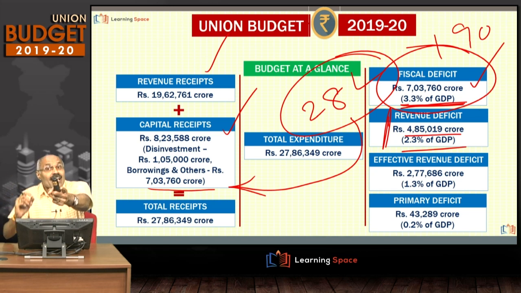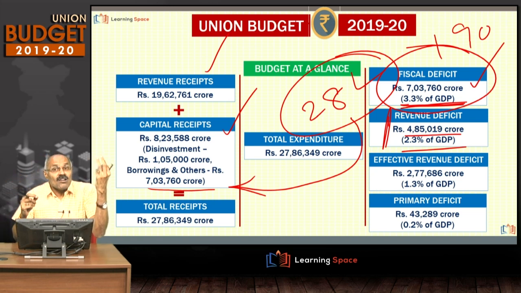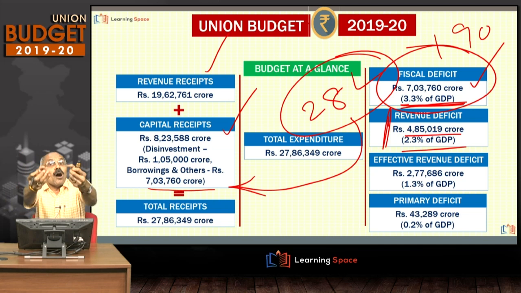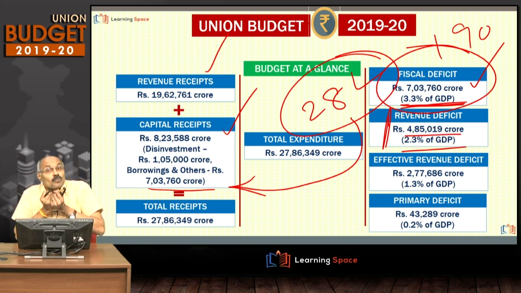So friends, why I have taken this example is to explain to you about revenue deficit. That means your revenue receipts are not sufficient to take care of your revenue expenditure. That means you are borrowing money to spend on day-to-day activities.